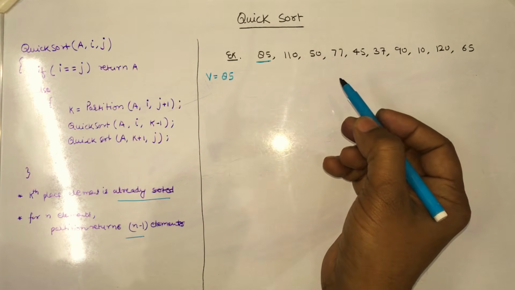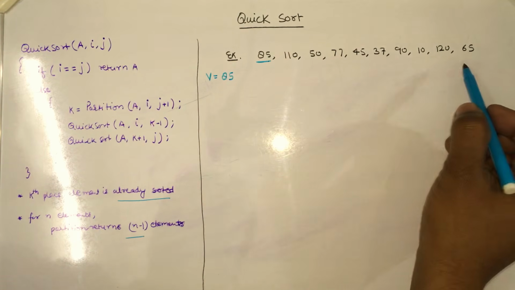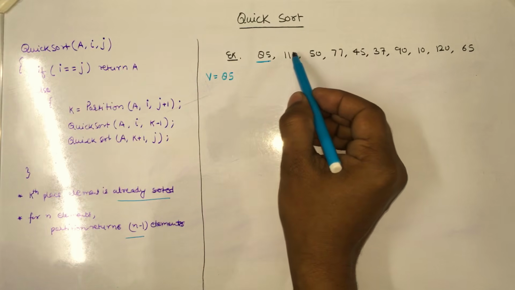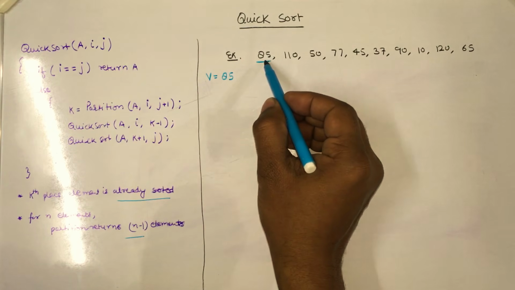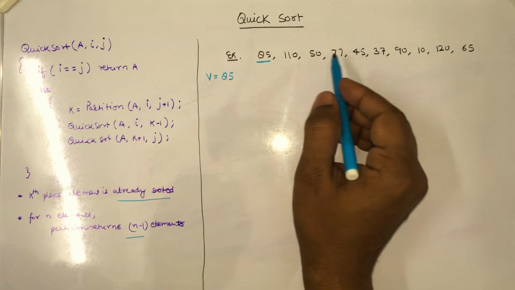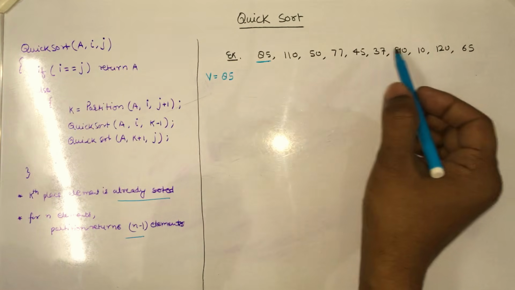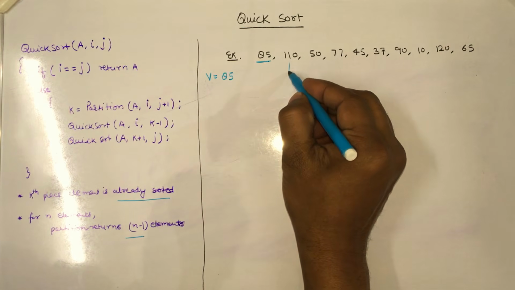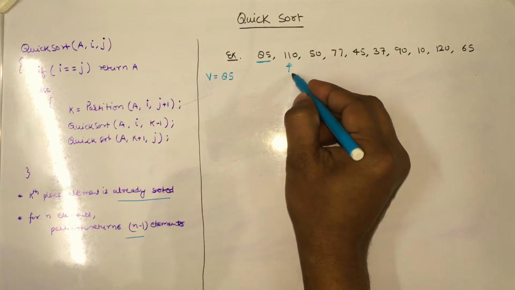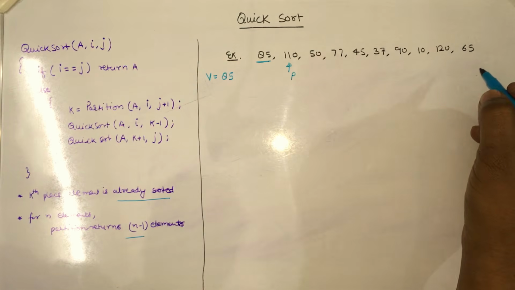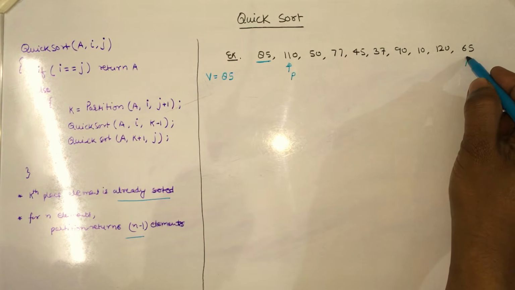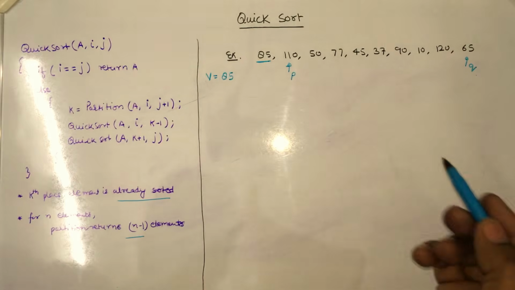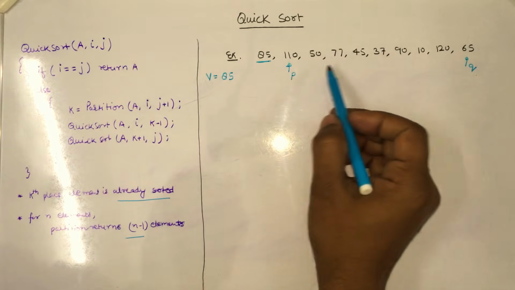Okay, now we have to scan the whole array from the second element. If I consider the pivot element as my first element, then I have to scan the array from the second to the last element, and we have to maintain two pointers, one at the second element, suppose this pointer is p, and another pointer at the last element, suppose it is q, and we will traverse the whole array.